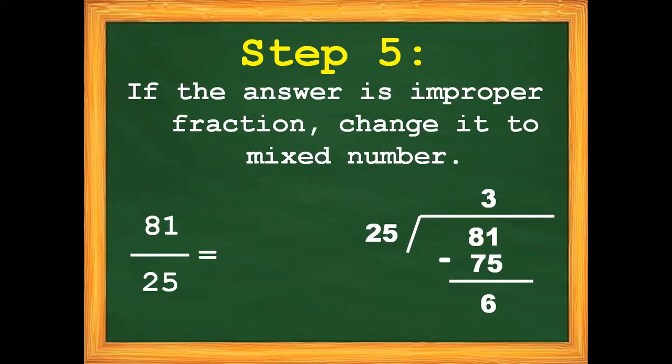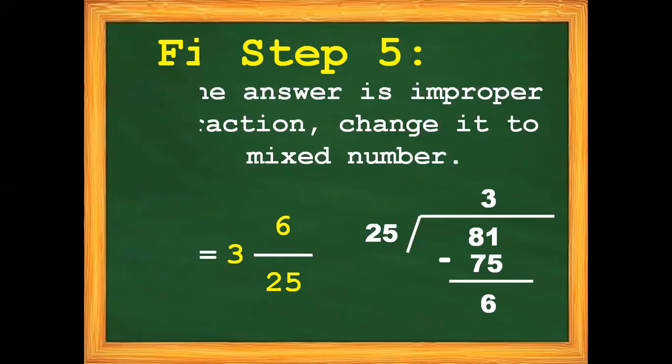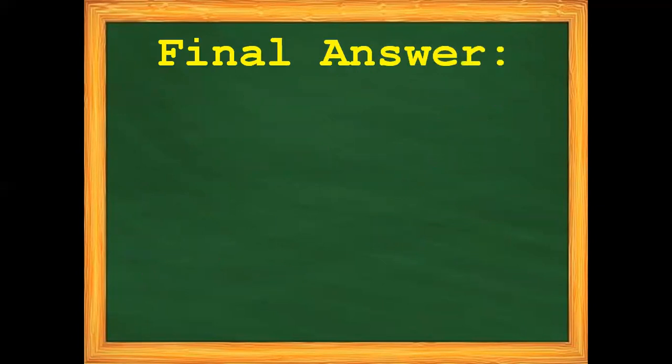So the mixed number for 81 over 25 is 3 and 6 over 25. So the final answer for example number 2 is 3 and 6 over 25.